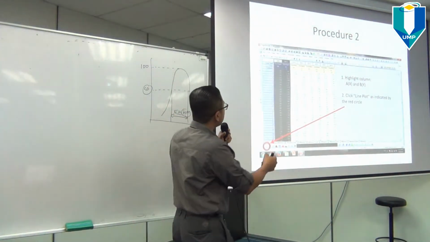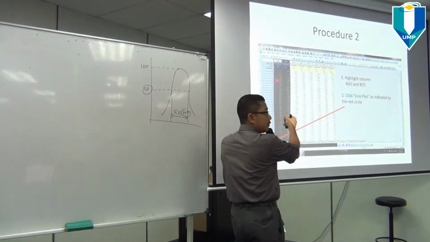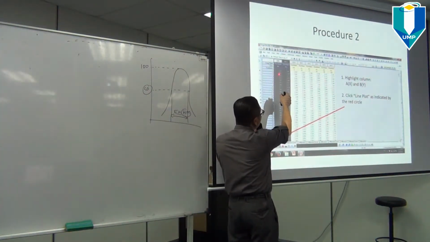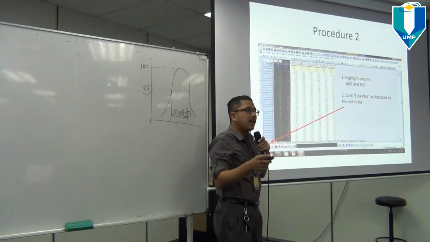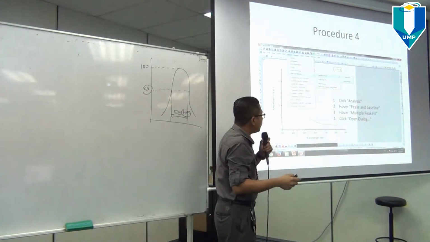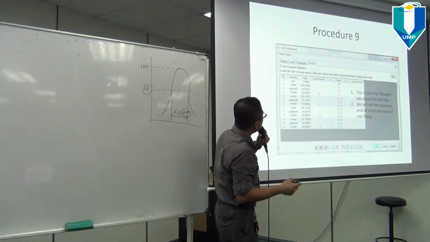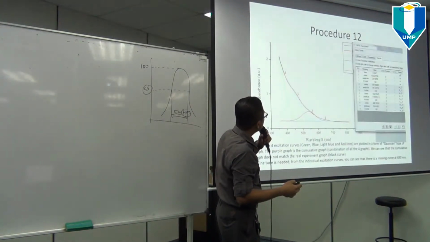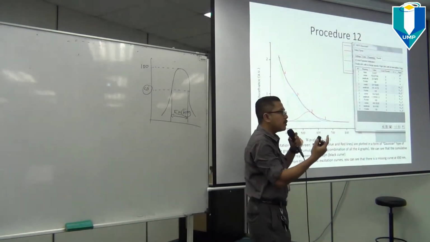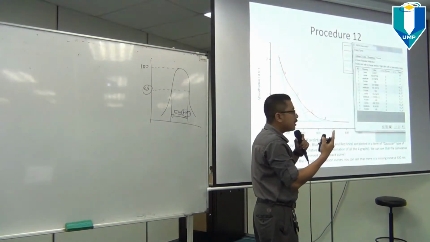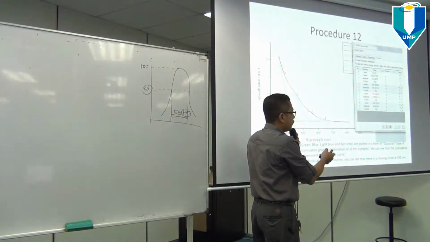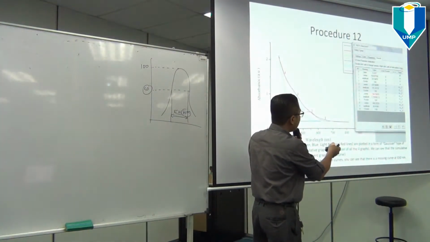This one, 350, right? Your data starts from 350 nanometer, which means that if your plot shows something smaller than your first point, this is wrong. Keep in mind that this is wrong.